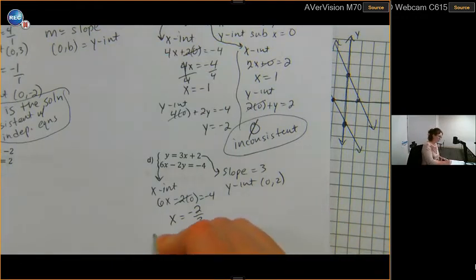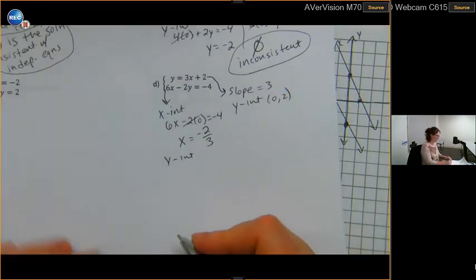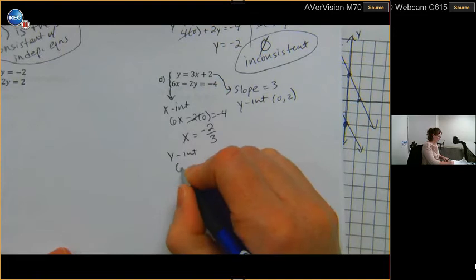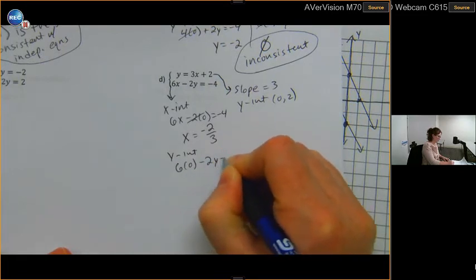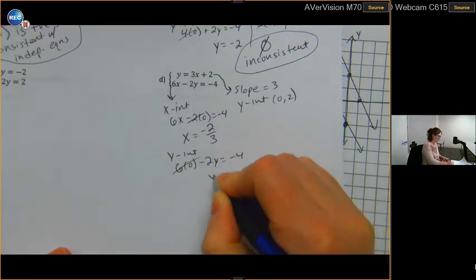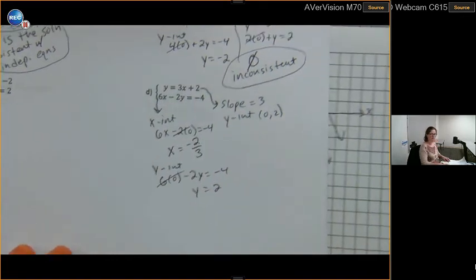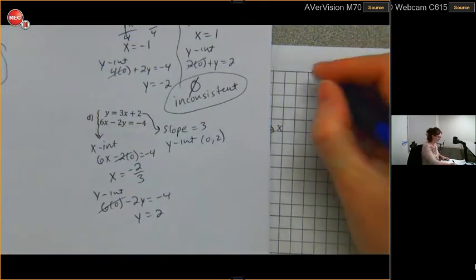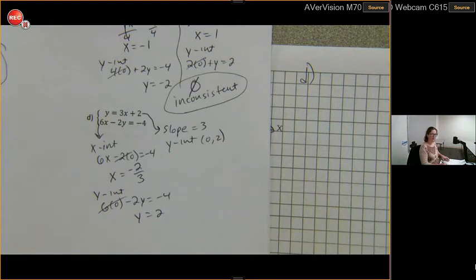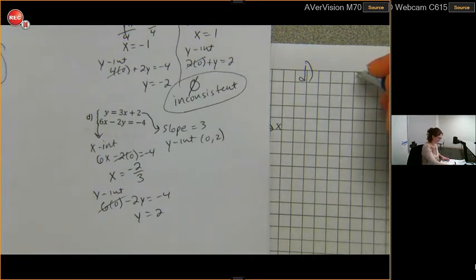And then the y-intercept, so I have y equals positive 2, so then I go to graph paper here, and I draw my grid.